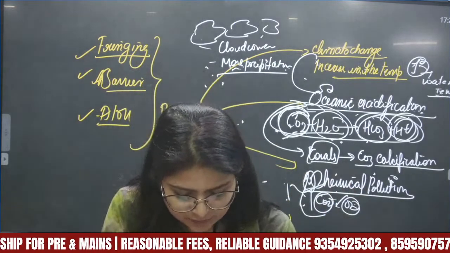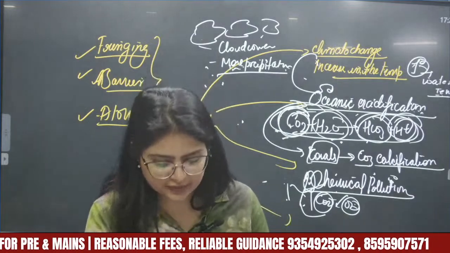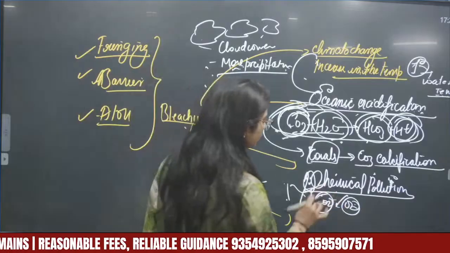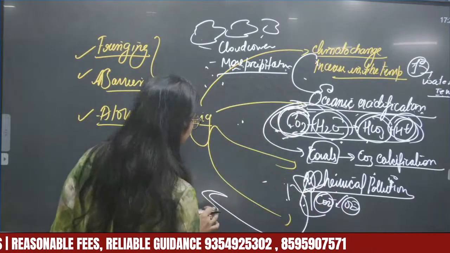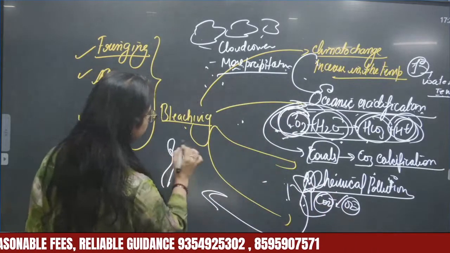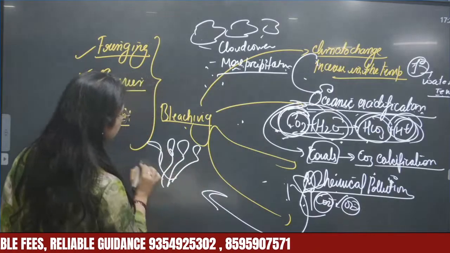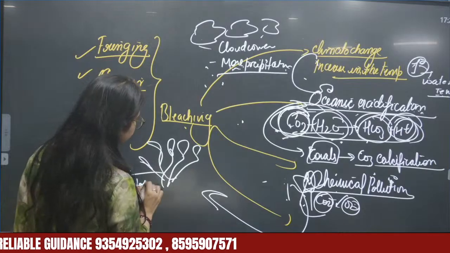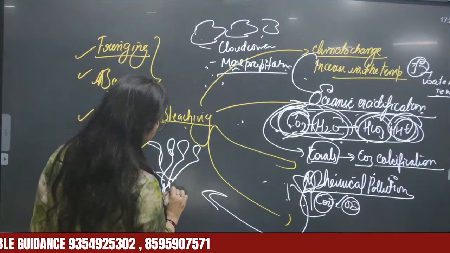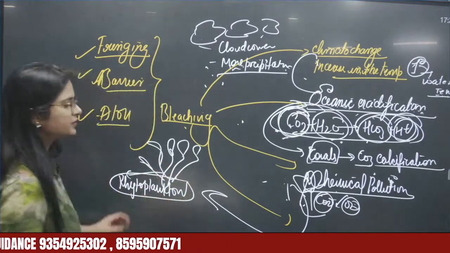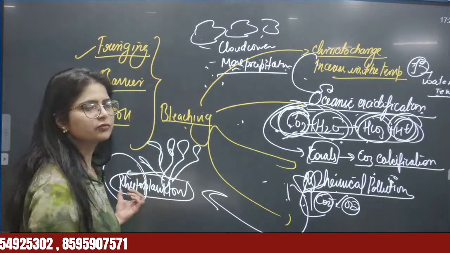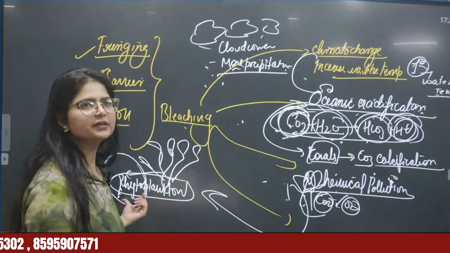So understand, increased nutrient concentration affects corals by promoting phytoplankton growth. एक चीज और करता है chemical pollution, जब pollution increase होता है तो phytoplanktons बहुत increase हो जाते हैं. अब phytoplanktons क्या है? These are another species of the oceans, of the sea. They also produce their own food with the help of light. Phyto means light.